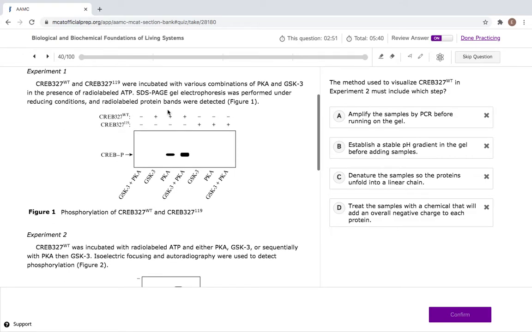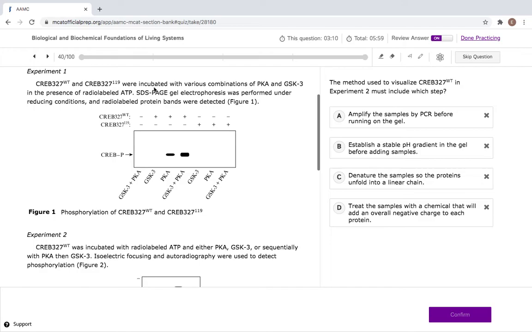Experiment 1. CREB 327 wild type and CREB 327 119, remember 119 is the one that can't be phosphorylated at position 119, were incubated with various combinations of PKA and GSK3 in the presence of radio-labeled ATP.